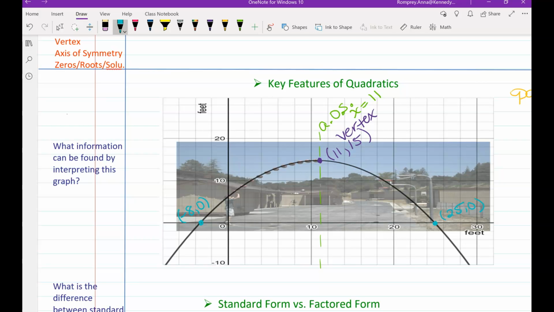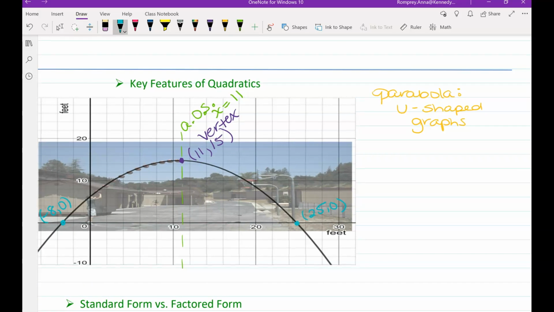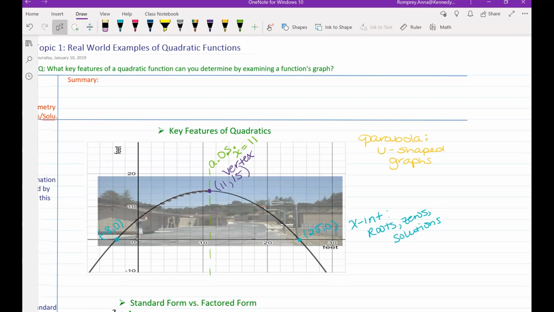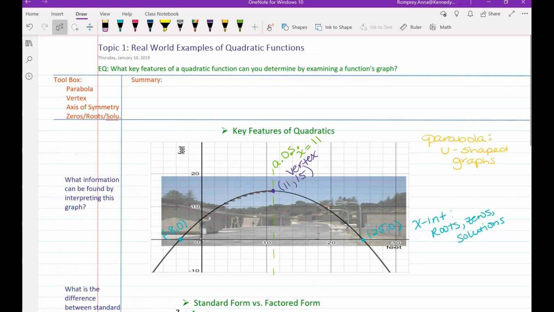All right, so our x-intercepts, those are also known as roots, zeros, or solutions. Okay, so again, we have talked about this just a little bit, but x-intercepts, roots, zeros, solutions, you can use any of those terms. So that is something you want to think about.